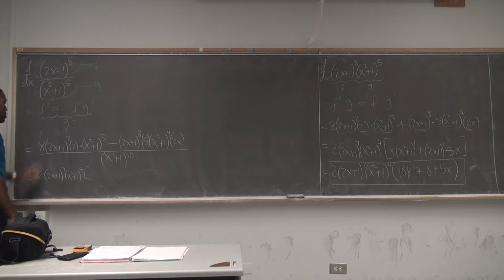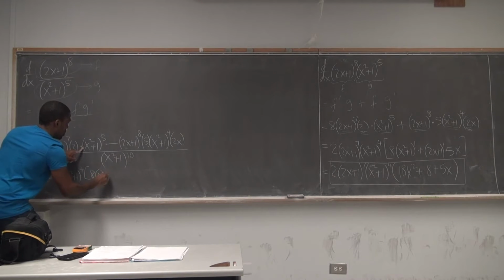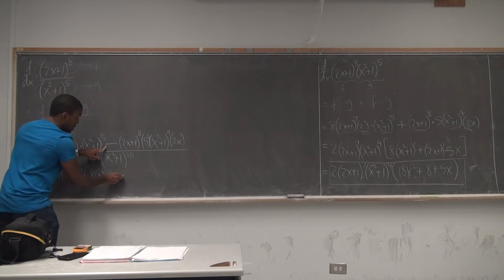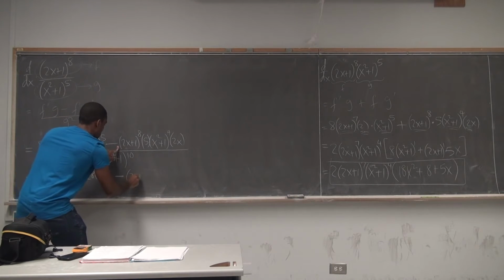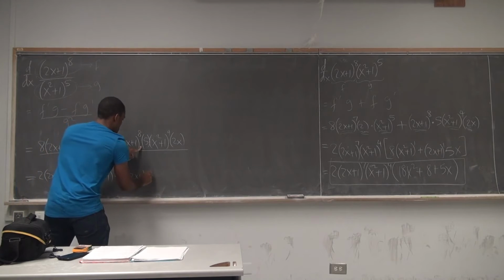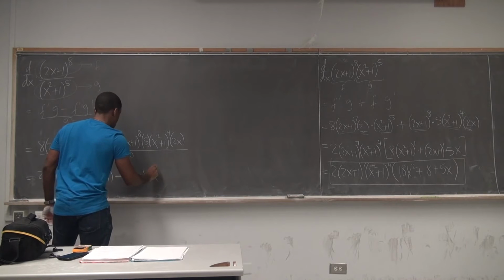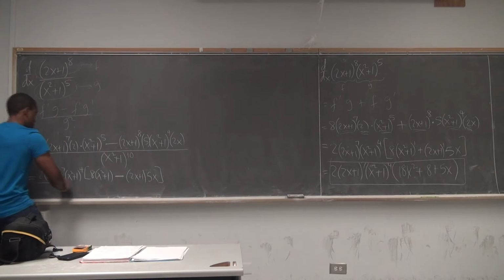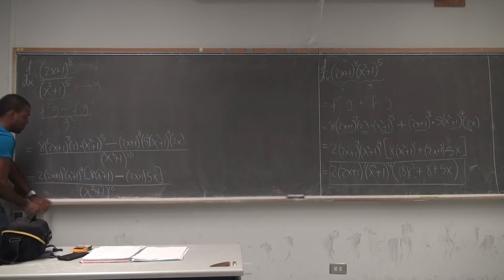And we would have left over 8 times (x squared plus 1). This time it's a minus instead of a plus, (2x plus 1) times 5 times x. All of that is over (x squared plus 1) to the 10. Now there's only multiplication, so I can cancel.